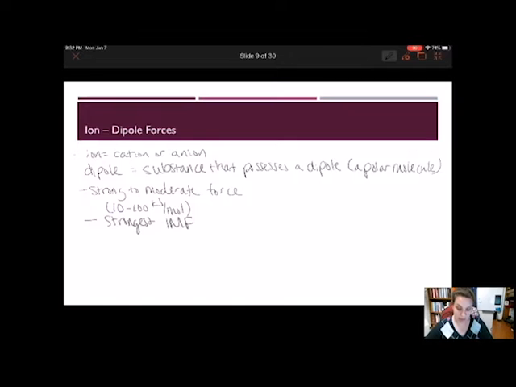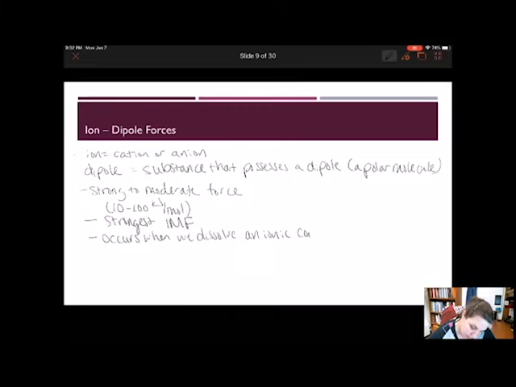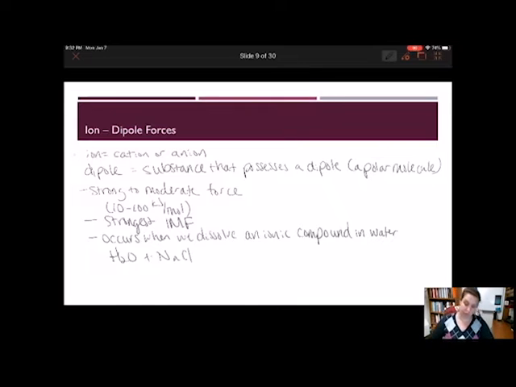So this occurs when we dissolve an ionic compound in water. So for instance, if we have water plus NaCl, we will get an ion-dipole force that occurs.